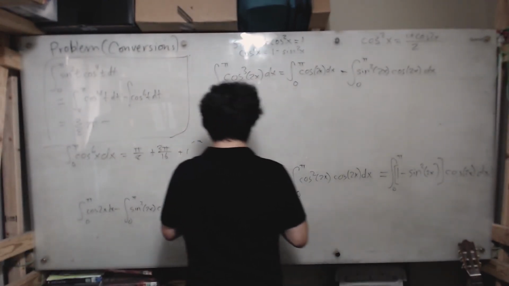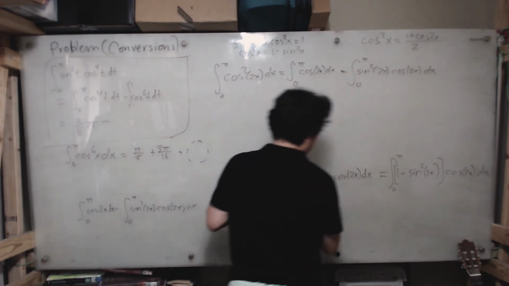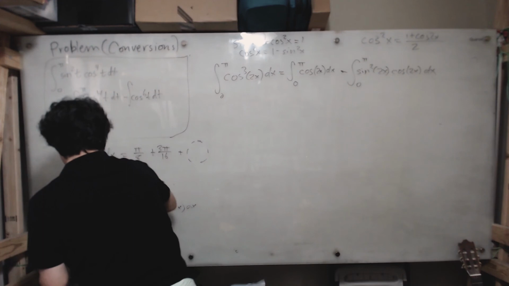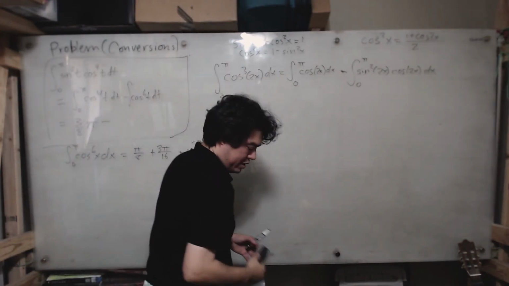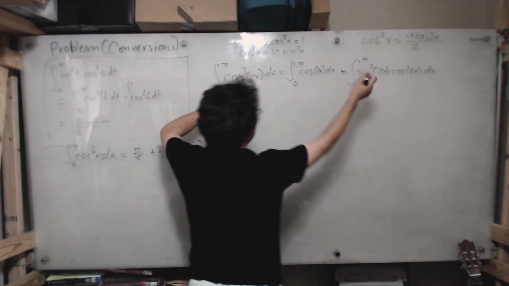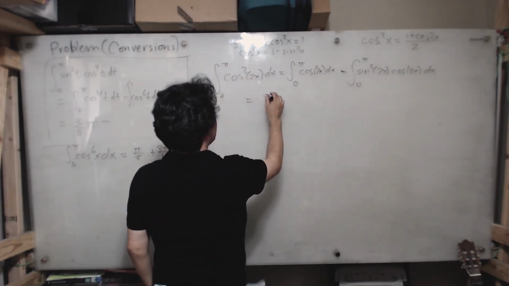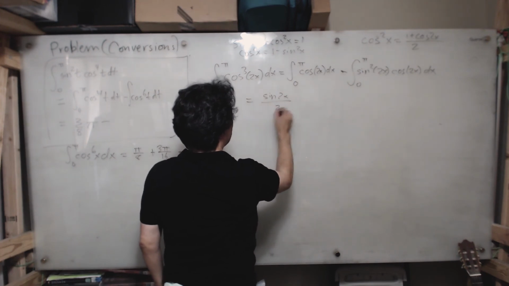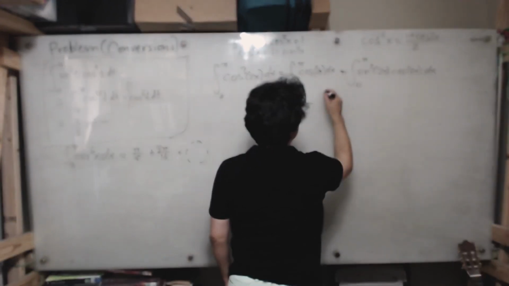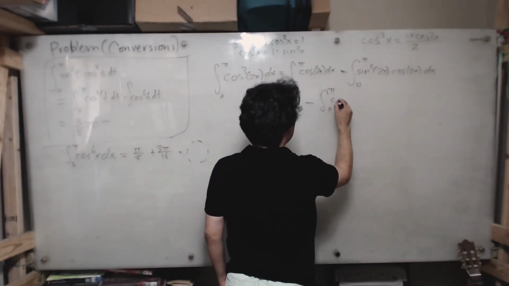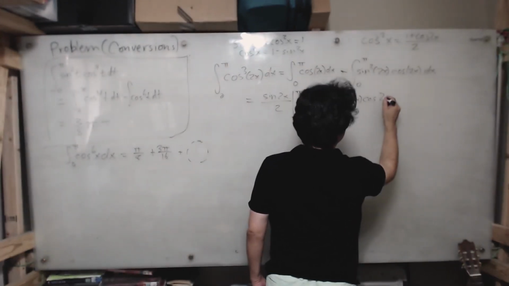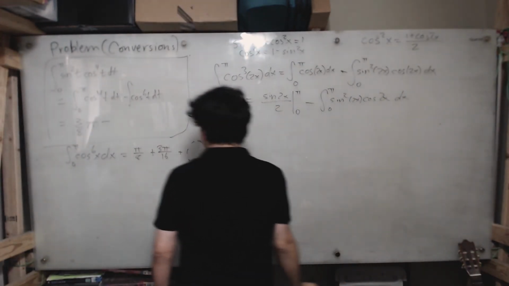Now I'm going to get rid of all this. This one, like we said before, becomes sine of 2x over 2 evaluated from 0 to pi, and that's going to go to 0, minus whatever this becomes, the integral from 0 to pi of sine squared of 2x cosine of 2x dx. Okay, so here's where the magic happens.